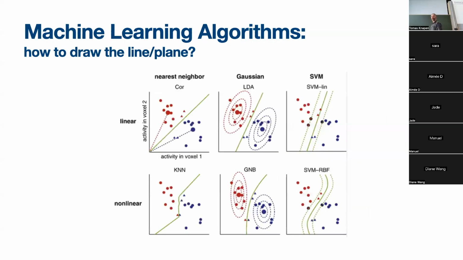There's also a whole host of different methods that people use to draw these lines and planes. This is all pre-deep learning AI, but you can have linear discriminant analysis or support vector machines, or any type of k-nearest neighbor. So you have different methods that draw this line, but the principle remains the same regardless.